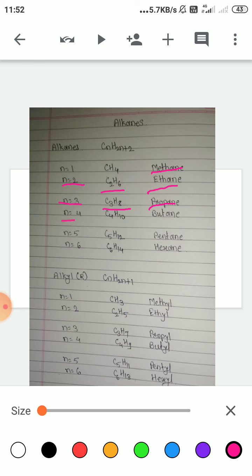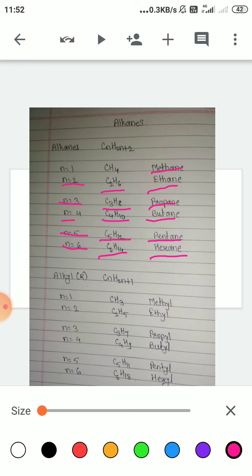If n is equal to 4, we get C4H10, butane. If n is equal to 5, the formula will be C5H12 and the compound is pentane. If n is equal to 6, we get C6H14 and the compound is hexane.